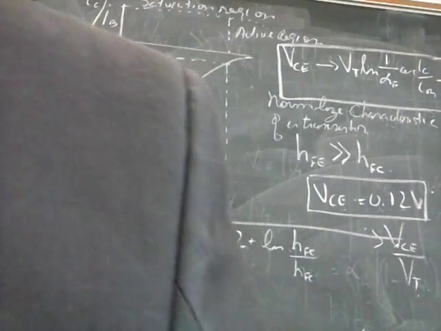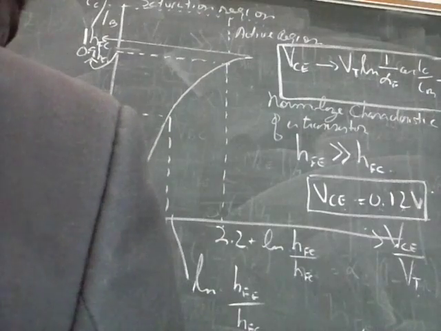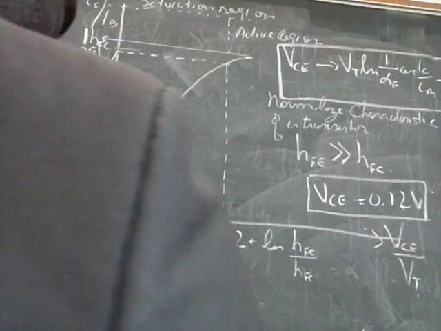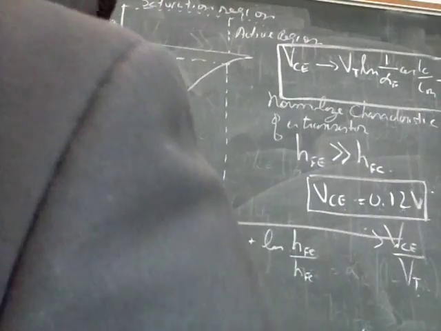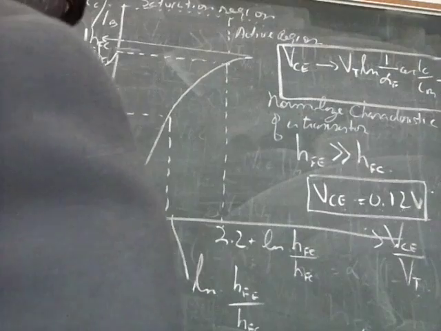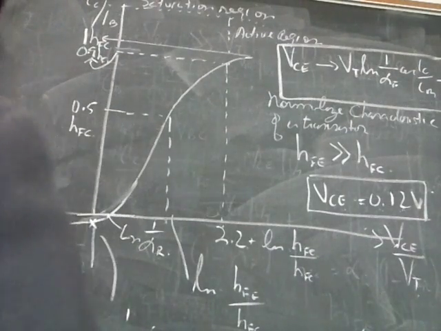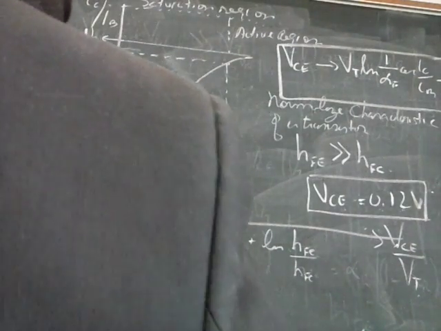This one is greater, this one is less. So as alpha R is 0.01, VC tends to 0.115, which would be approximately equal to 0.12 if we take that to the second decimal place. And with alpha R equals 0.1, VC tends to 0.05.